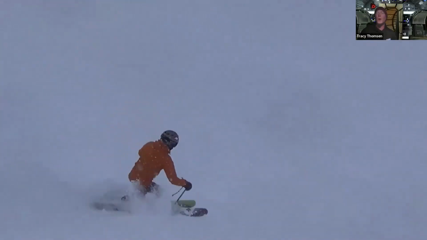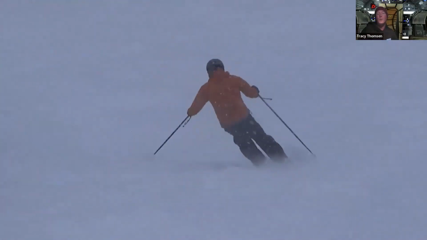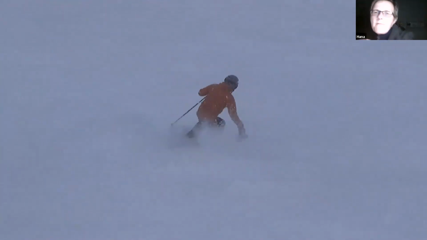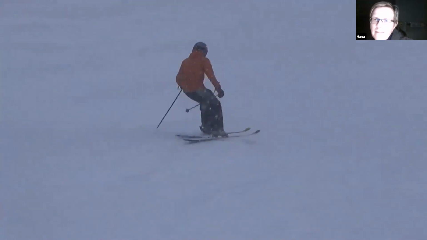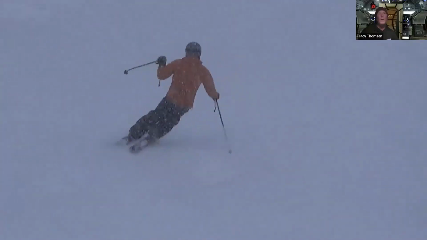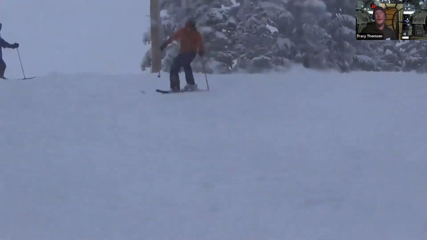So like more extension towards the tips of the skis or down the fall line? Yes. More extension up and forward towards the tips of the skis as well. Wonderful, and forward movement. I always love to talk about ankles, knees, and hips together because they all have a part to play in everything.